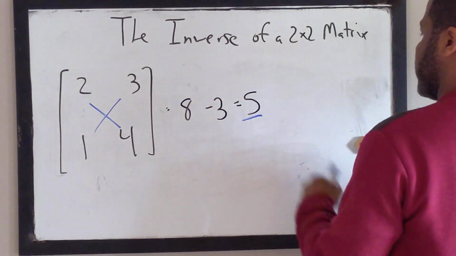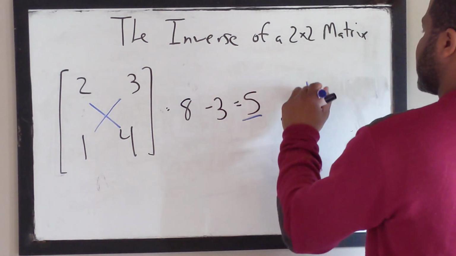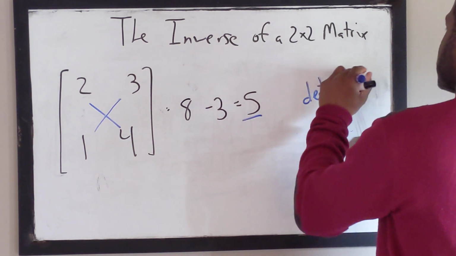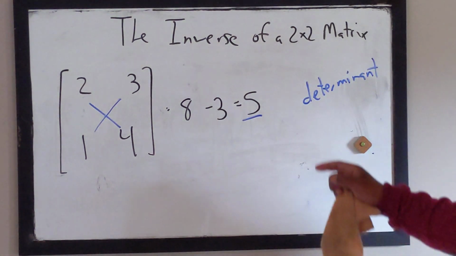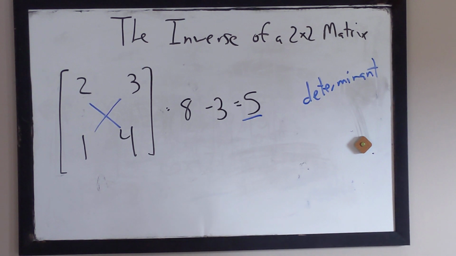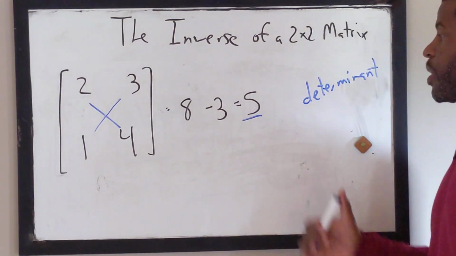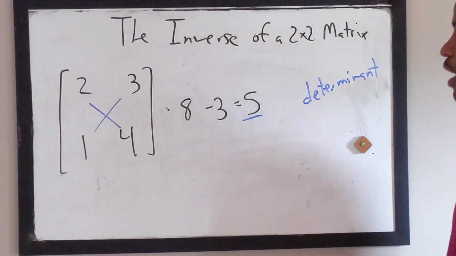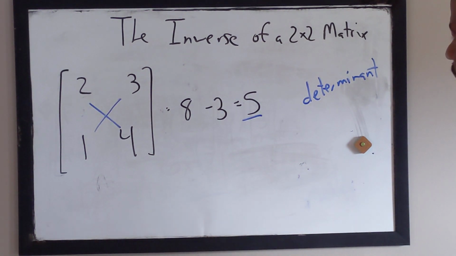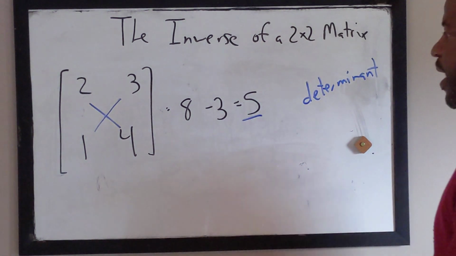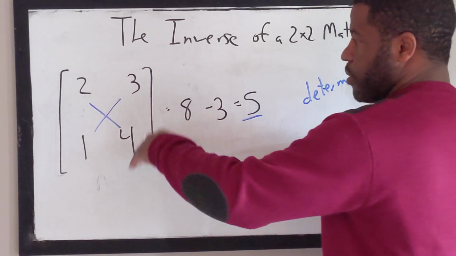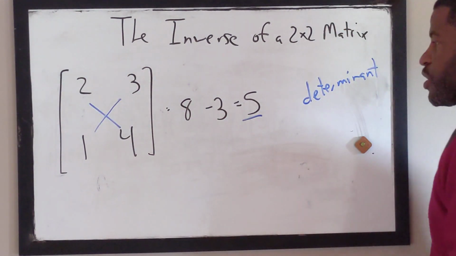I'm underlining that. This is called the determinant. The determinant is one of the most important topics. When you get to linear algebra, the determinant has a whole chapter of its own, and it's going to help us in a lot of ways. So the determinant is 8 minus 3, which is equal to 5. That's the main diagonal minus the minor diagonal.